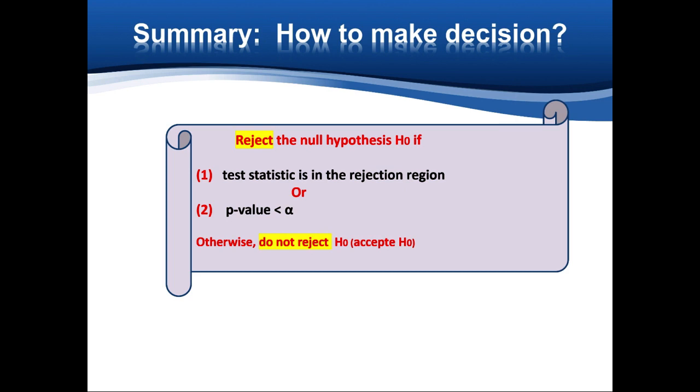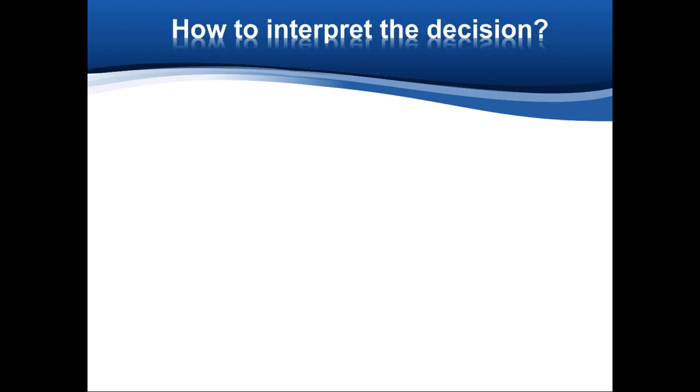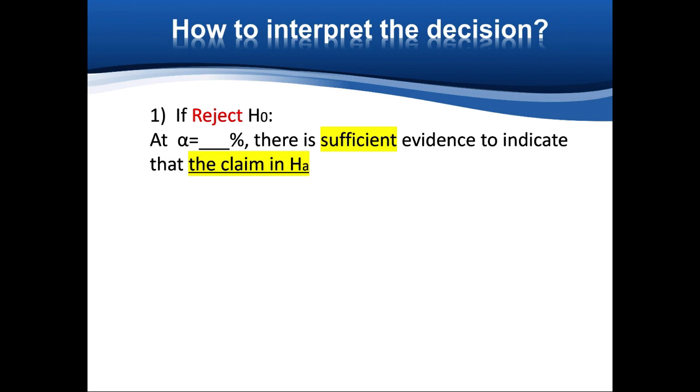After making a decision, it is better to interpret the decision. How to interpret? If the decision is reject H0, we can say that at alpha equal to a given percentage, there is sufficient evidence to indicate the claim in HA.